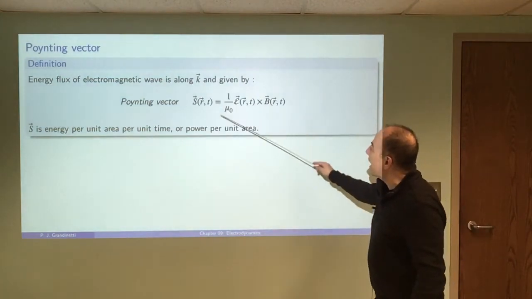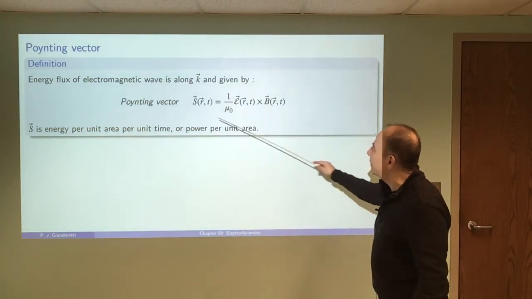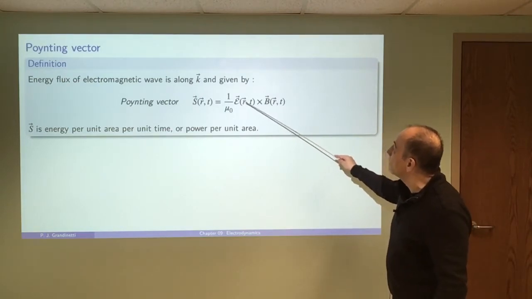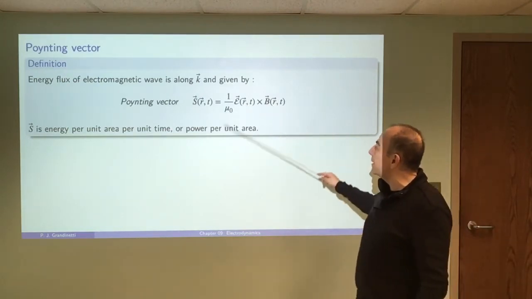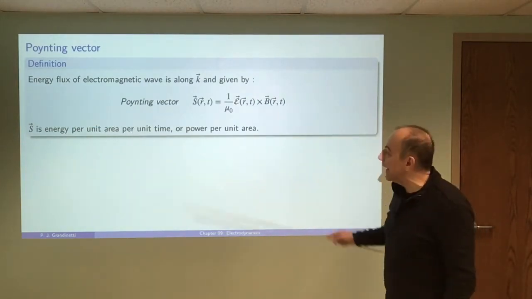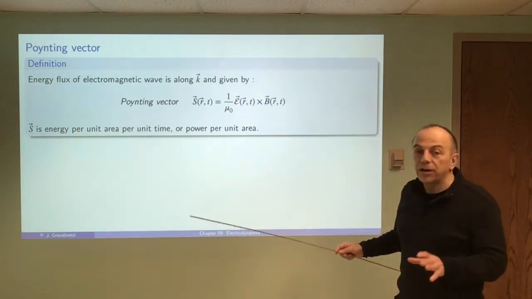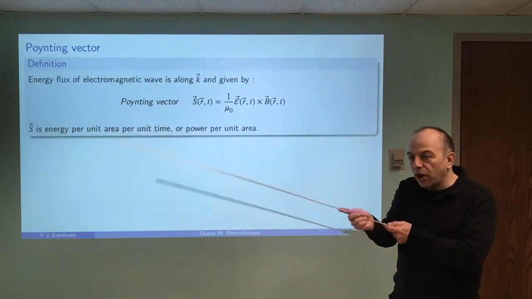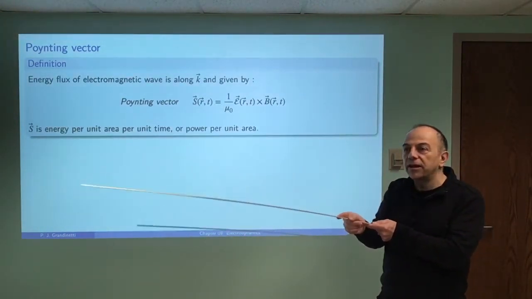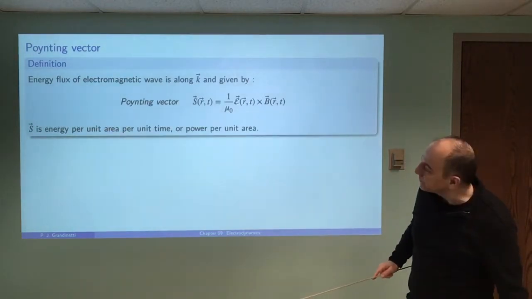So we can construct that vector, the Poynting vector, named after a guy named Poynting, where it's the cross product of E and B divided by the magnetic constant, and that gives us the energy per unit time per unit area, or the power per unit area that's flowing as that wave propagates through space along a given direction.